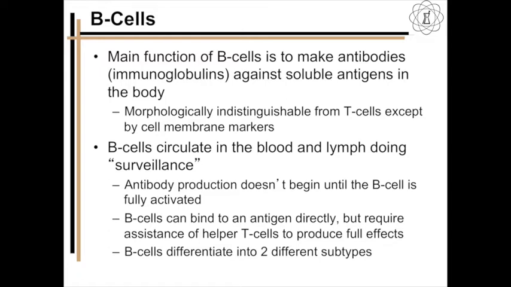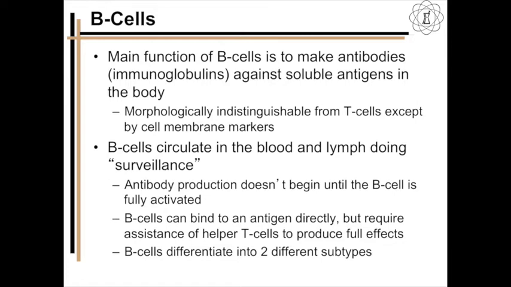The B cells don't just produce antibodies all the time. As I mentioned in that previous slide where I showed the helper T cells, the B cells themselves are floating around, and when they come into contact with a cell, the B cell can actually bind to an antigen.